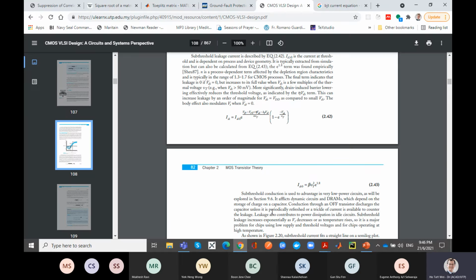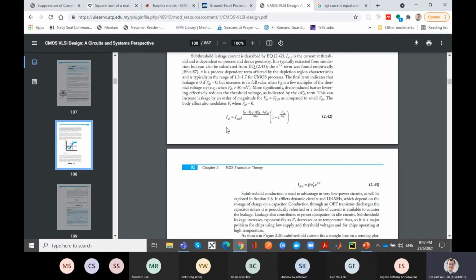So that's why you have this effect here. But I want you to focus on this part here, because this is where the thing will change. You notice that the current here is dependent on VTH, or VT0, here. So if you change the VT0, by what factor will the leakage current change?